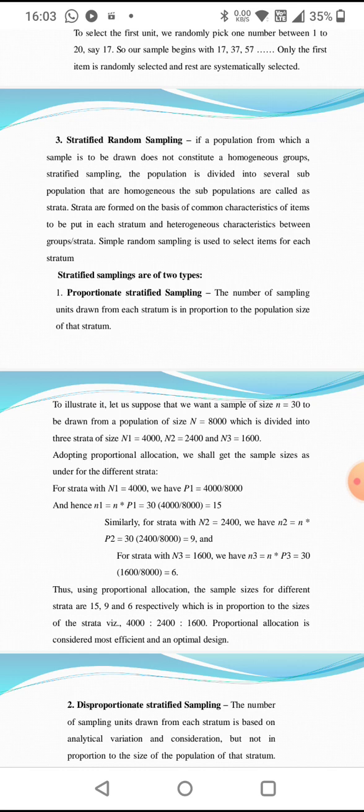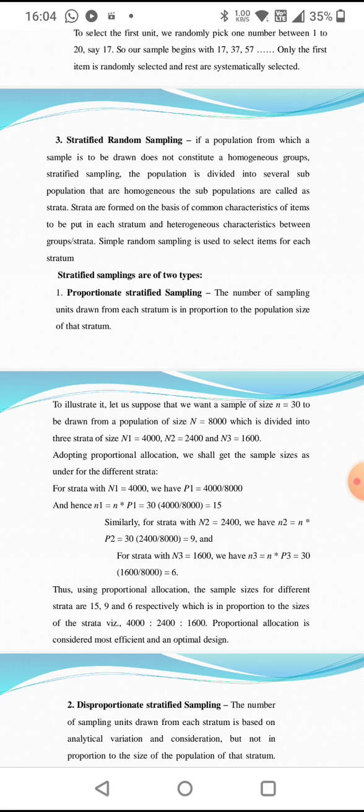Under stratified sampling, the population is divided into several subpopulations that are individually more homogeneous than the total population. The different subpopulations are also called strata. Then we select items from each stratum to constitute a sample.